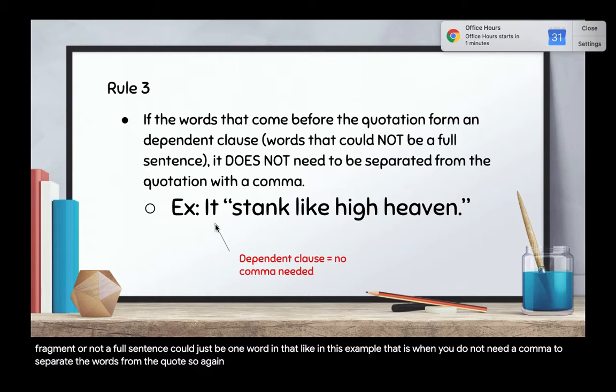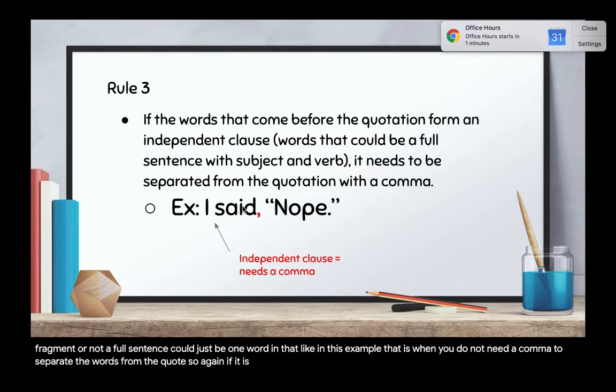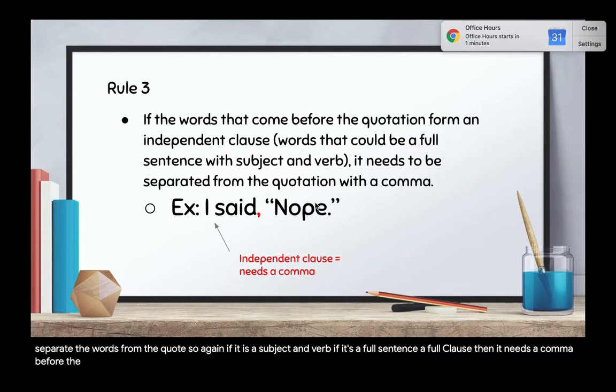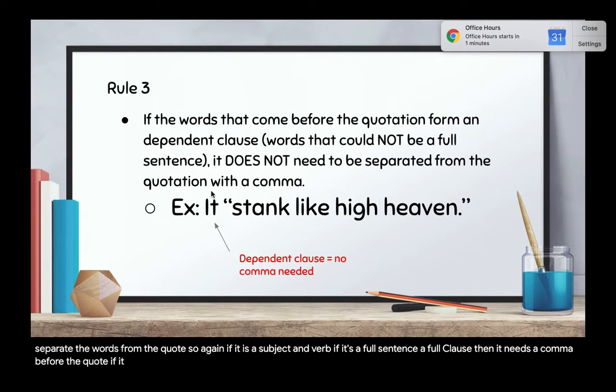So again, if it is a subject and verb, if it's a full sentence, a full clause, then it needs a comma before the quote. If it is just a fragment, if it is a dependent clause, could not be a full sentence, then we do not need a comma to separate that word or words from the quote.